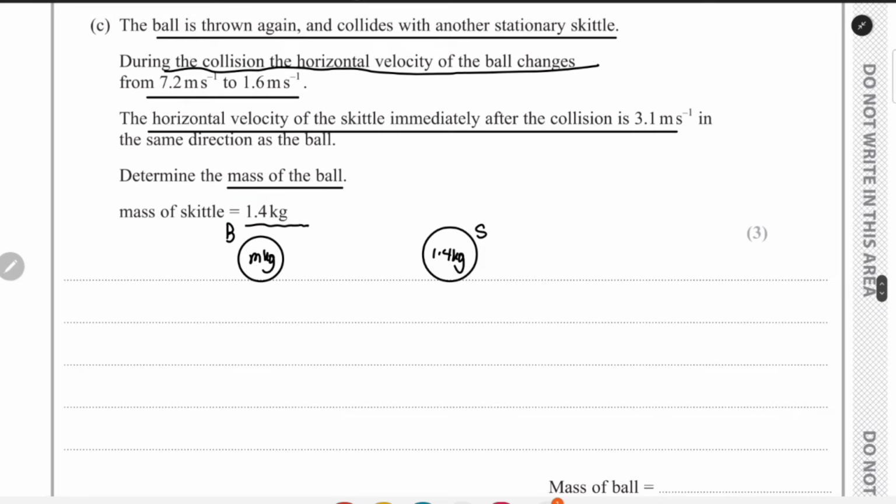The initial speed of the ball here is 7.2, and for the skittle it's 0. The final velocity is 1.6 in the same direction, and for the skittle it's 3.1.